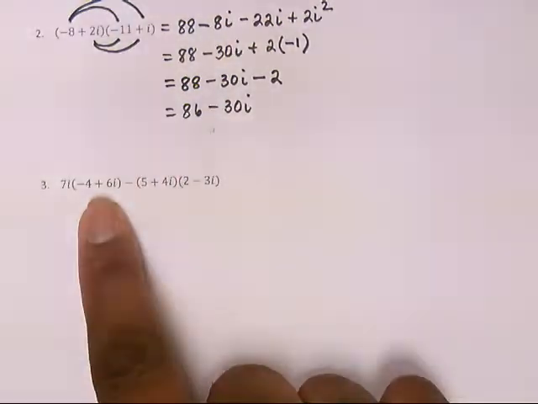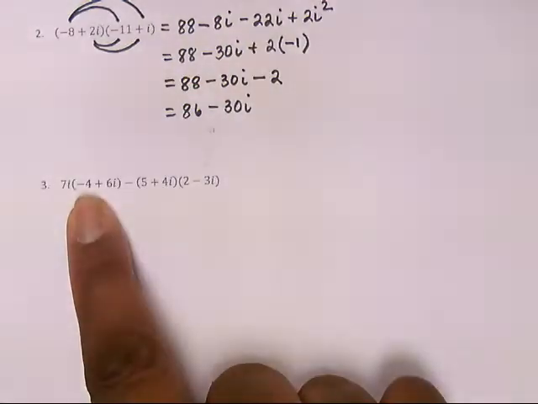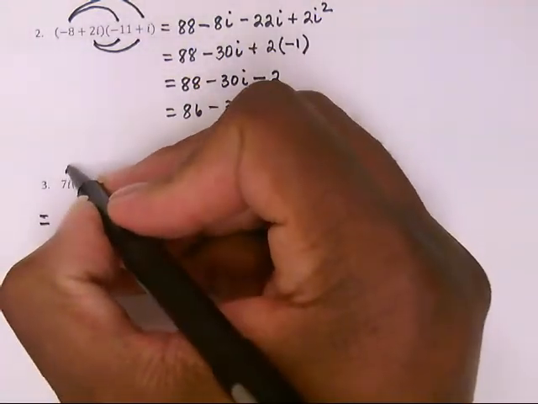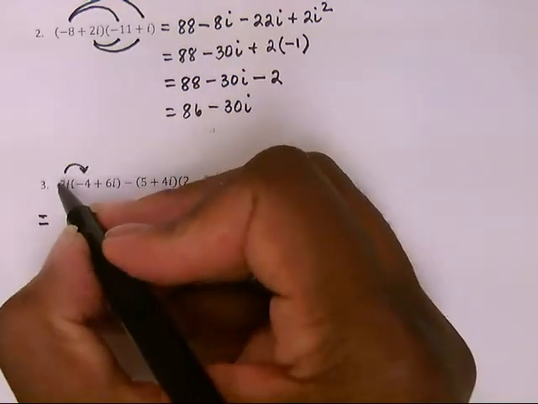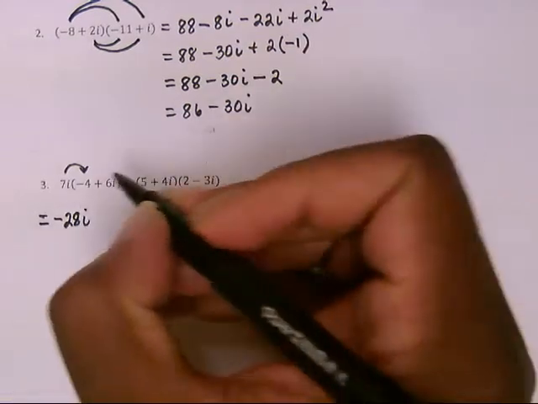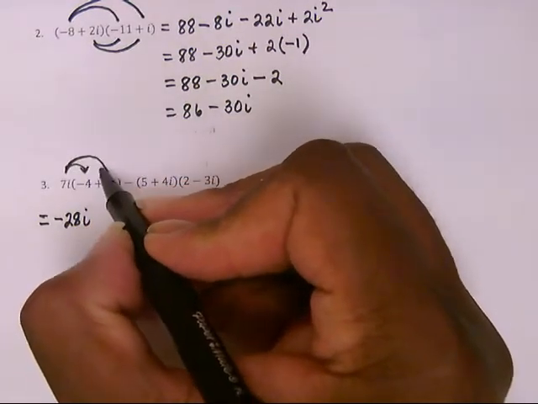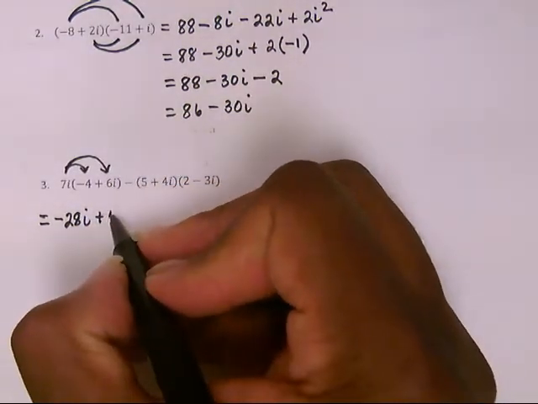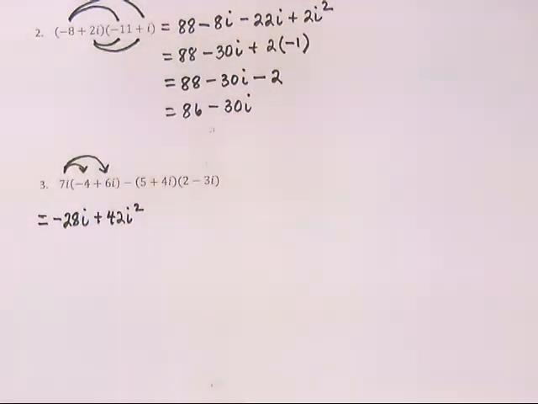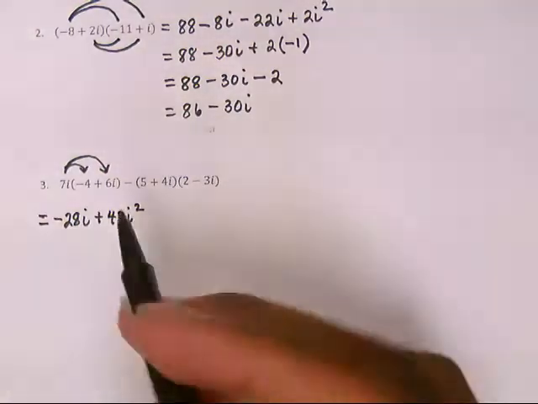So let's start with this one by using the distributive property. So I'm going to distribute the 7i over negative 4 plus 6i. So 7i times negative 4 would be negative 28i. And then 7i times 6i would be a plus 42i squared. So that's the first piece.